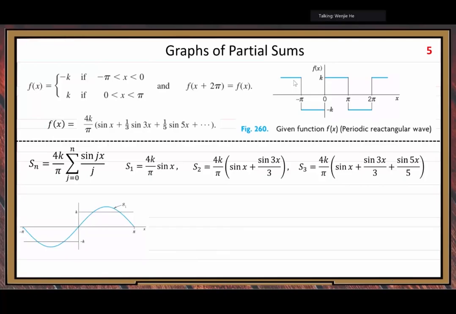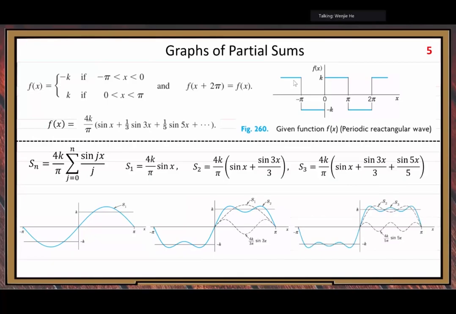S1 has only one term in the partial sum. Then S2, two terms, a better approximation. S3, three terms, a better approximation. Can you see the trend? Compare with our f function: when we add more and more terms, the shape is closer and closer to the f function.